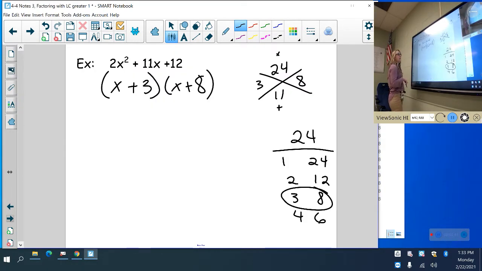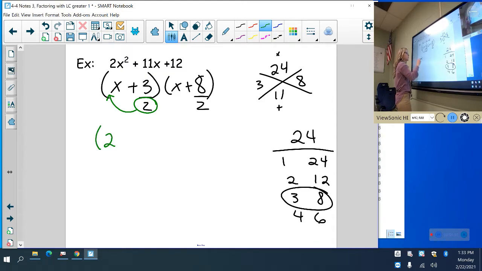So to divide the numbers in the binomials by a, I'm going to divide by 2 and divide by 2. Then it says simplify the fractions if possible. Is 3 divided by 2, or 3 over 2, does that fraction simplify? It does not. So if it doesn't, you're just going to take what is in there and put it in front of the x, and you're going to rewrite the binomial.